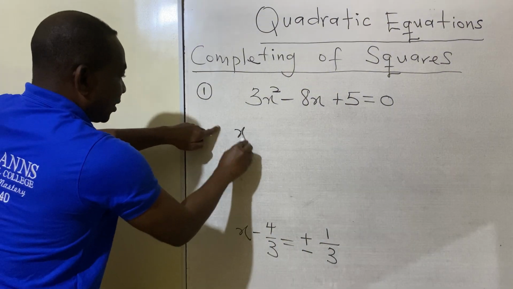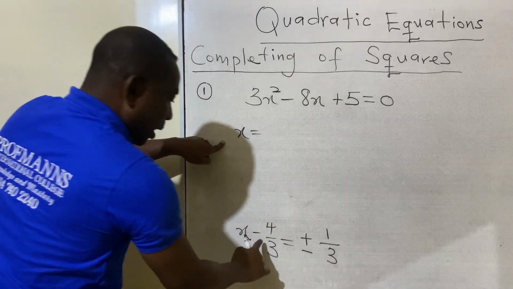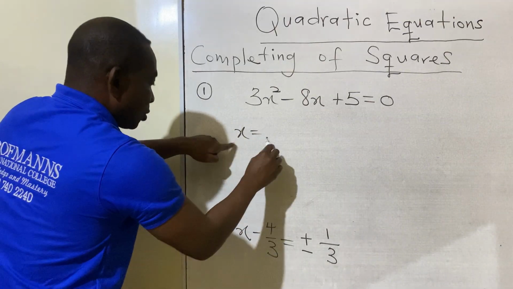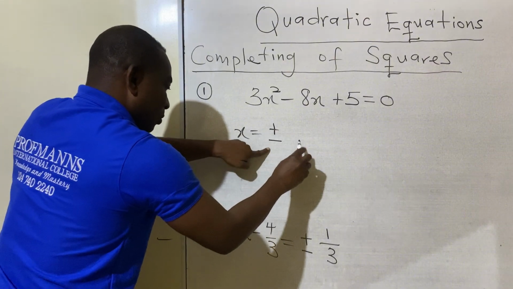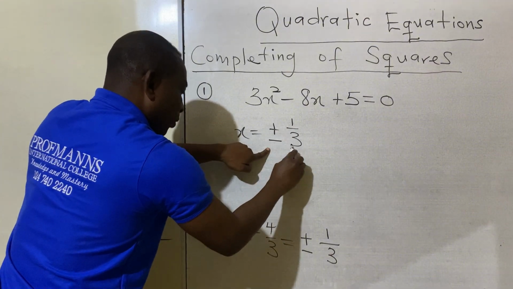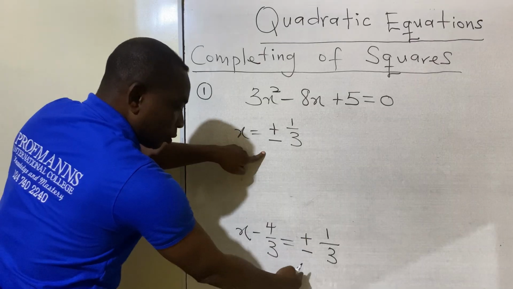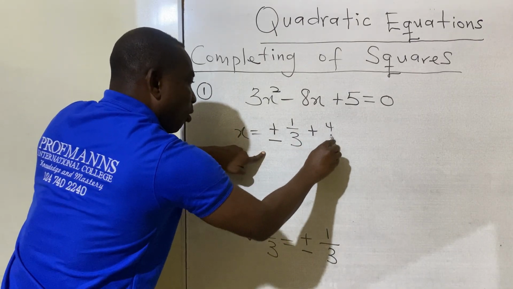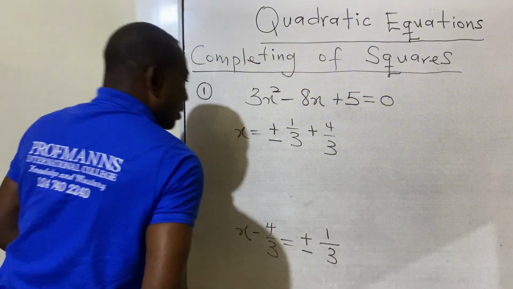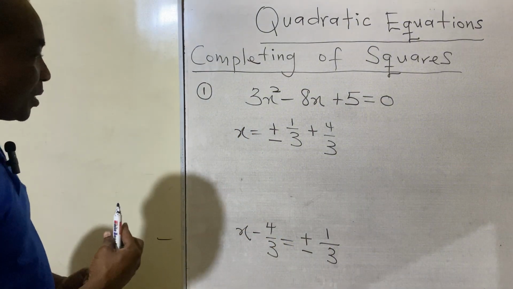So we have x is equal to, now we are grouping like terms. So x is equal to plus or minus 1 over 3. When this crosses the equal to sign, it becomes positive 4 over 3. So this is where the two roots come in.